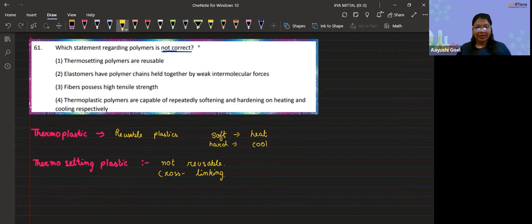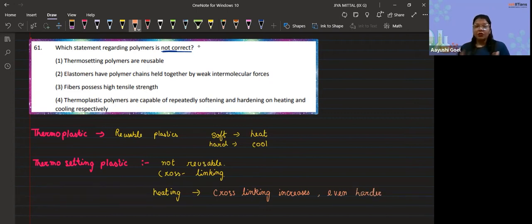So what happens on heating? On heating, the cross-linking increases, due to which they become even harder.